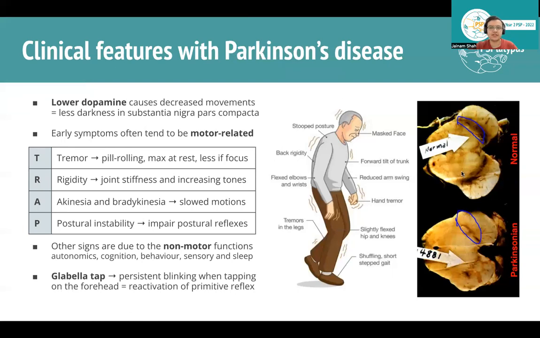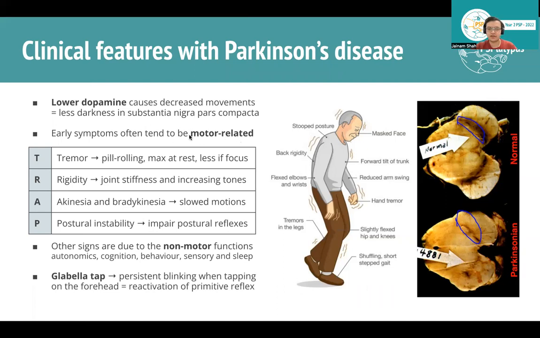I know it's a bit morbid, but usually the definitive diagnosis of Parkinson's is only made once we have an autopsy of the patient and we can actually see these reduced levels of darkness within the SNC, or the substantia nigra pars compacta, which represents a reduction in the dopaminergic neurons, which normally pigment in this kind of dark color. So this is the normal patient. This is the abnormal, where you get less of that darkness.